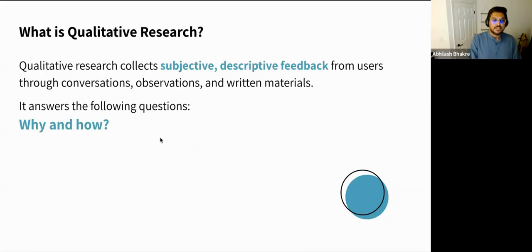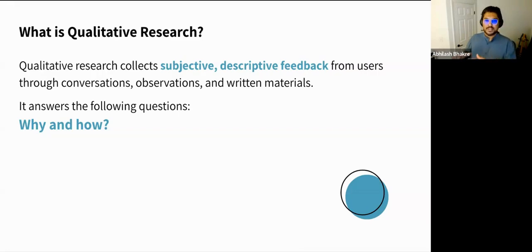Another method of research is called qualitative research. Quantitative and qualitative research go hand in hand if you really think about it. Quantitative research is about quantity data to support your decisions, and qualitative research collects the subjective, descriptive feedback.